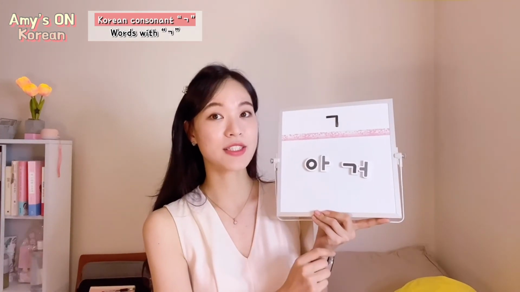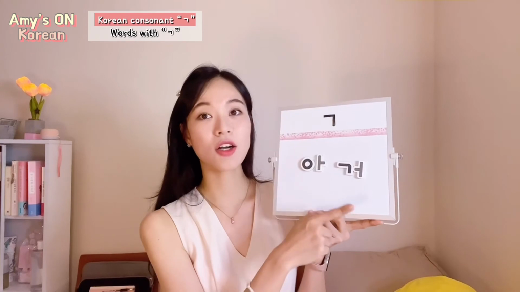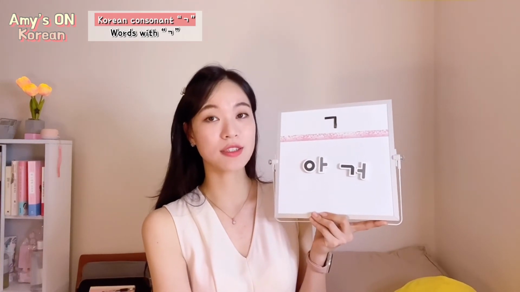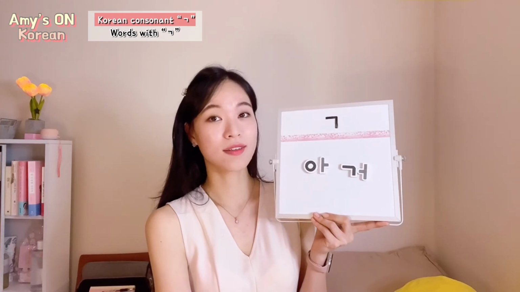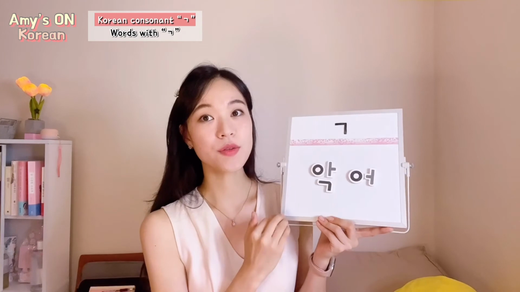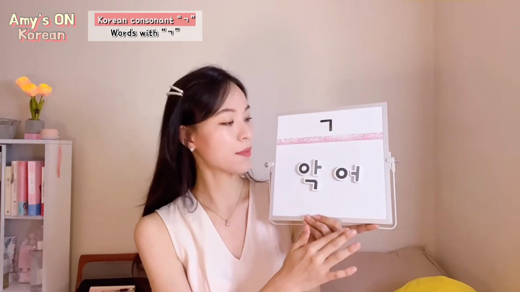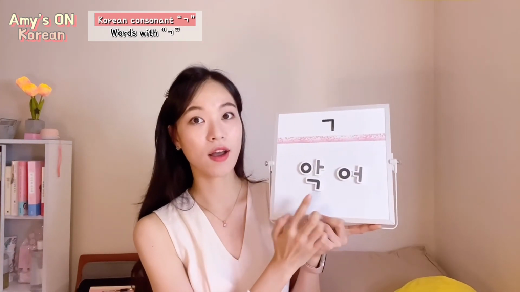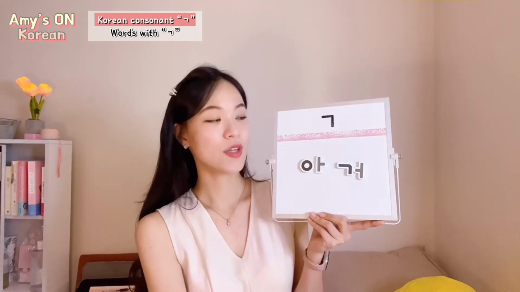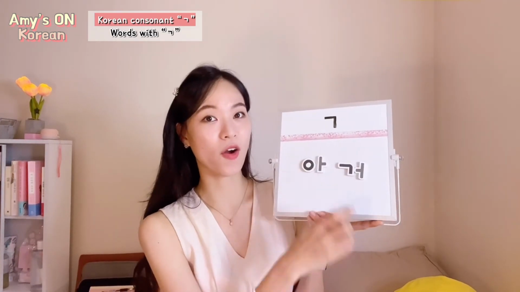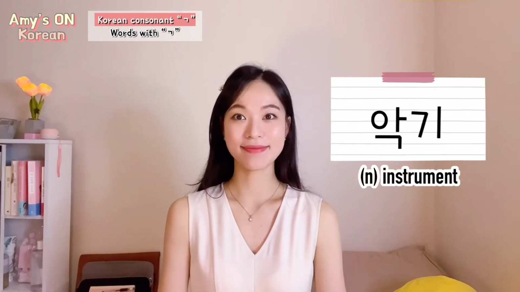So it sounds like 아거. 아거 sounds more natural than 악어. Nobody says 악어 like that because it's not really comfortable to speak out. So when you write this word in Korean, you have to write in this way, 악어. But when you say this or read it, you have to pronounce it like 아거. Okay, let's keep going.